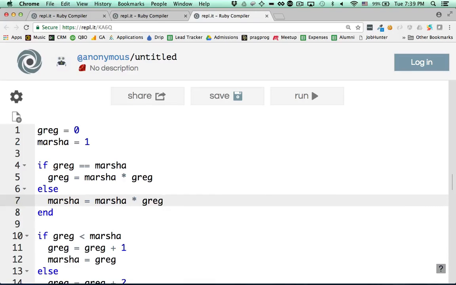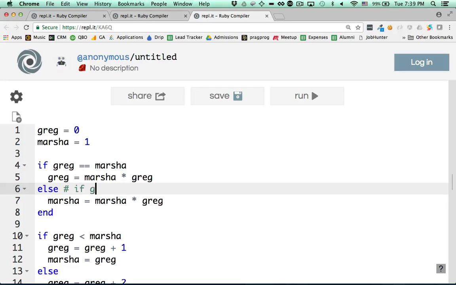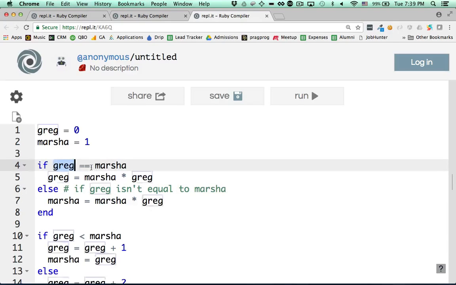It does. Because this else is the equivalent of saying what in English? Greg isn't equal to Marcia? Yeah, if Greg isn't equal to Marcia. Right? Either Greg is equal to Marcia, else, meaning if it's not the case, meaning Greg isn't equal to Marcia, then we run line 7.